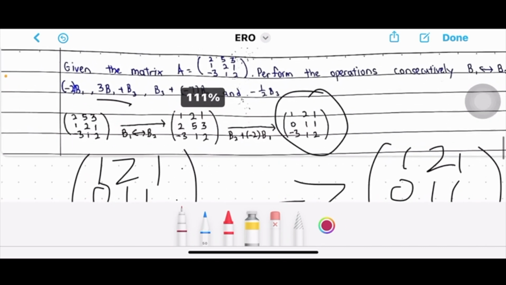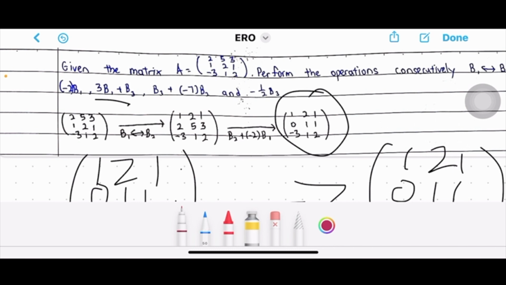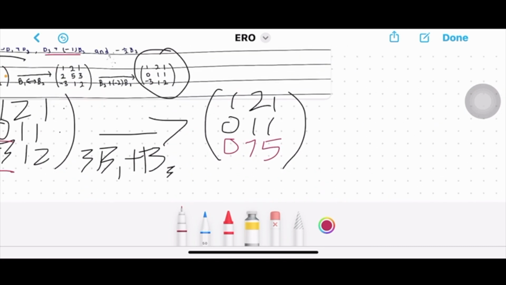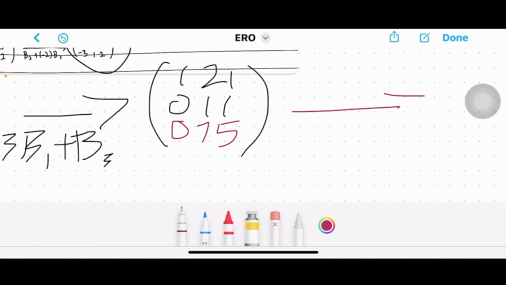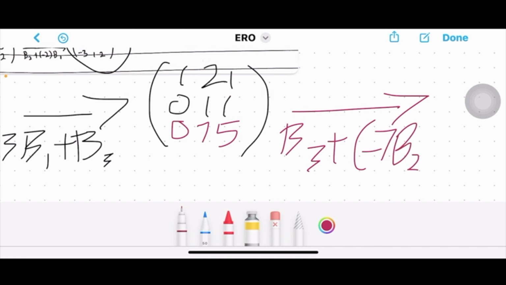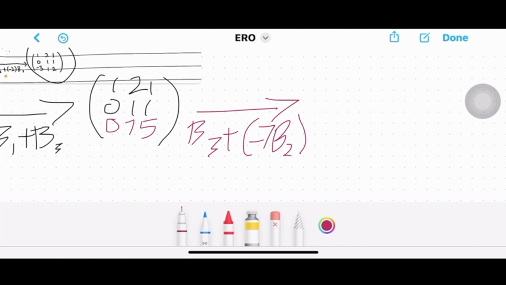So let's move on to the next operation, which is third row plus -7 times second row. The same thing, the first two rows are not affected by this operation, so we can straight away copy them out.